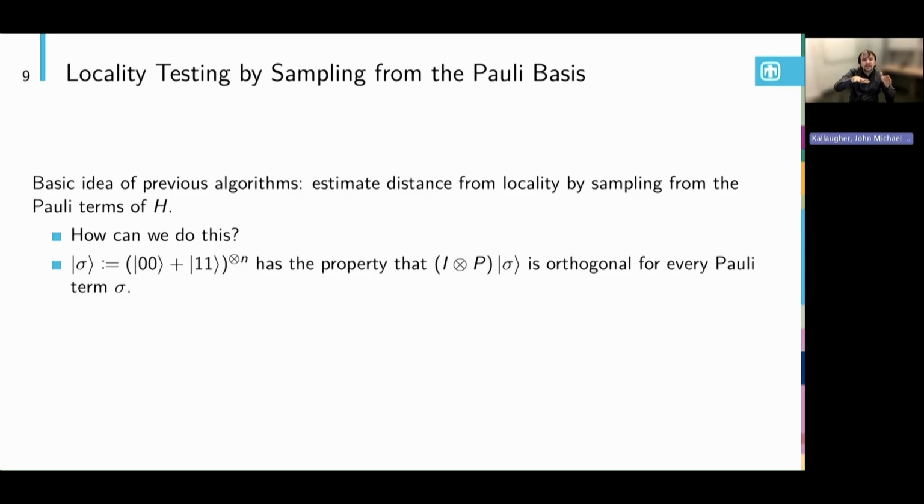So if you apply any I tensor P for any Pauli term to this tensor product of Bell pairs, you get an orthogonal state for any different Pauli term.